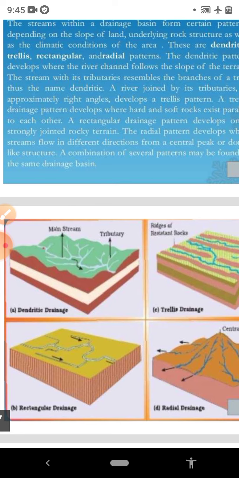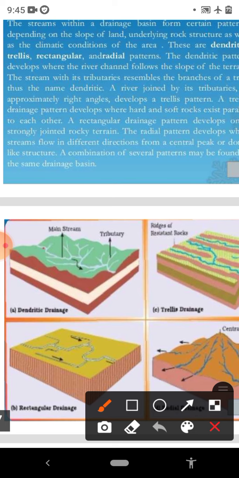The dendritic pattern develops where the river channel flows along the slope of the terrain. It is the most common form and looks like the branching pattern of a tree when joined by tributaries.